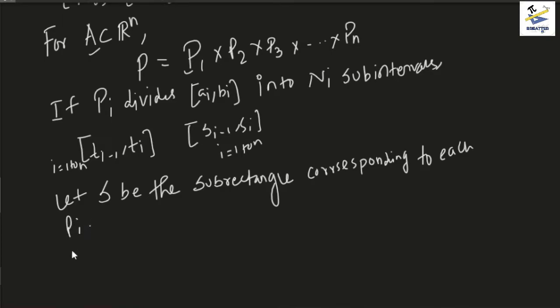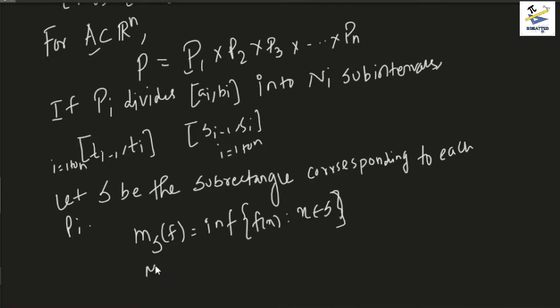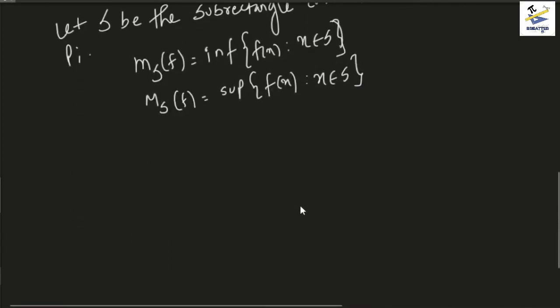So for a particular Pi, we pick a subrectangle S which is being partitioned, and what we can calculate for that is the smallest m, which is basically the infimum of the set, and the capital M, which is the supremum of the set. Once we calculate these two, now let V of S be the volume.